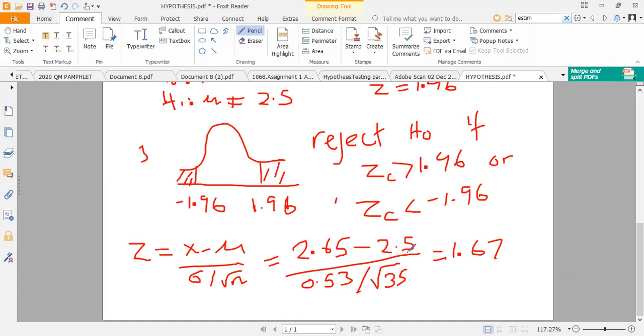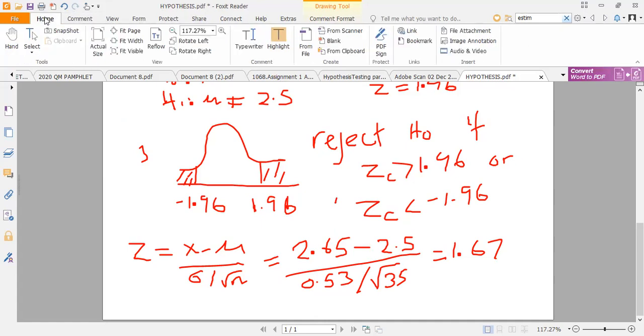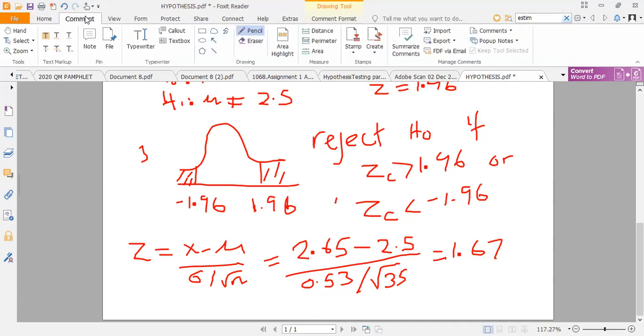That's the final answer. That's what I'm getting. We do it in phases. 2.65 minus 2.5, what are you getting? 0.15. 0.15, okay?